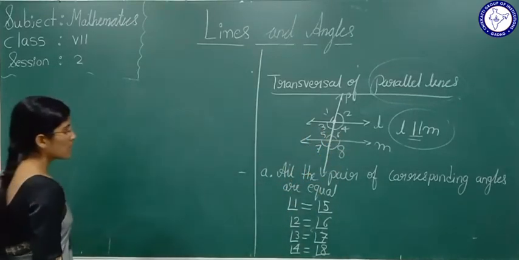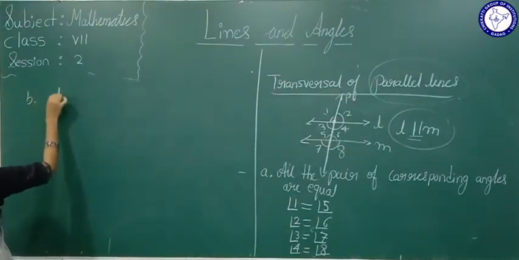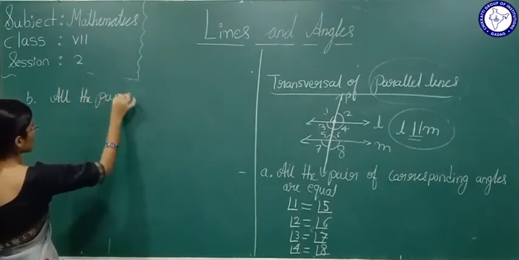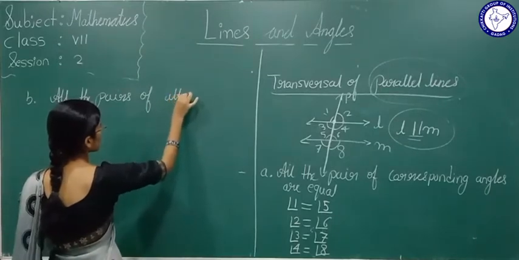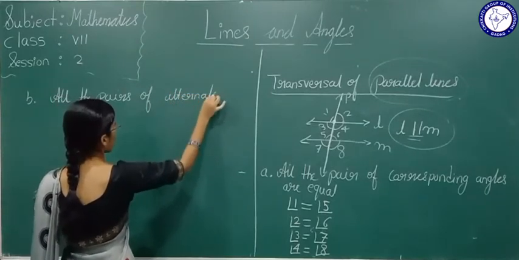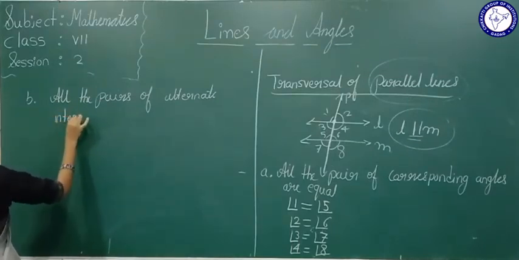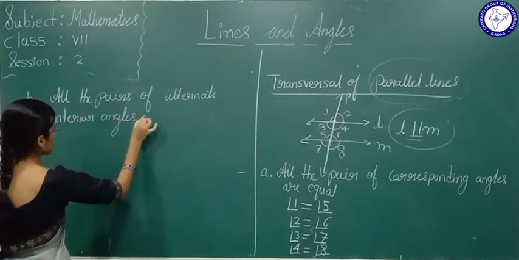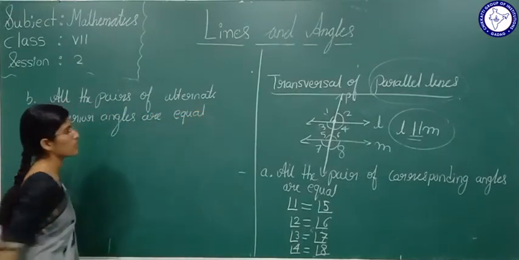Okay. Next is here, B1. All the pairs of alternate interior angles are equal.